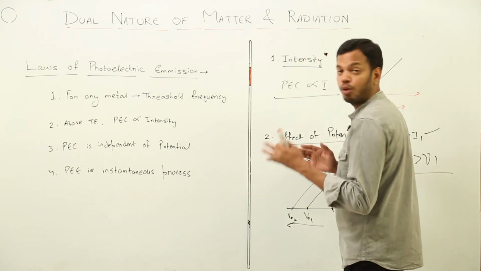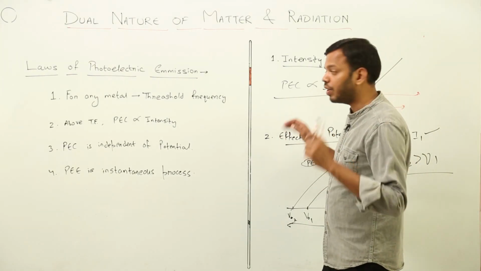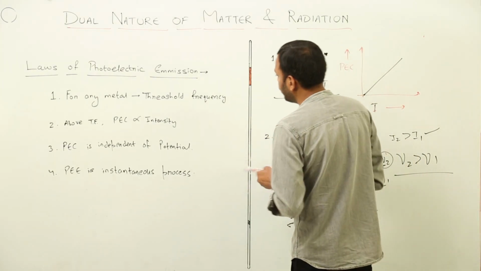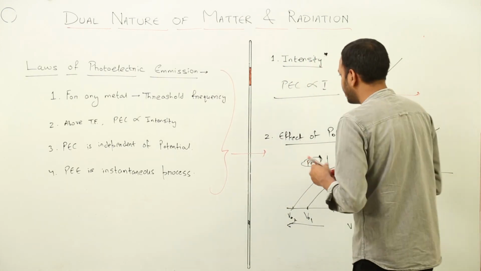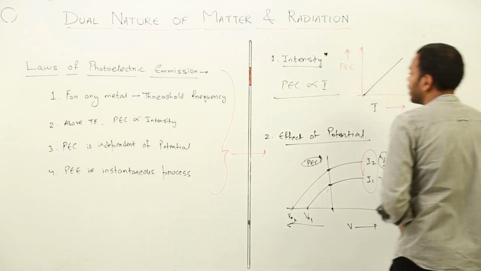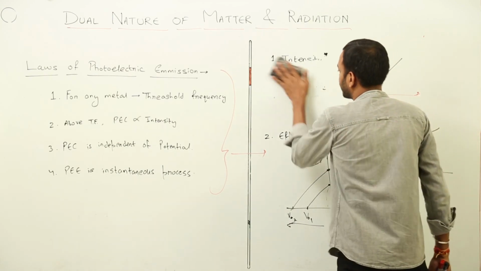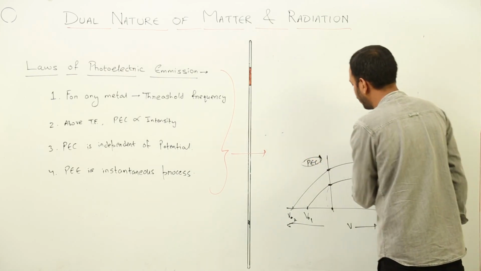Now, before I move on to further equations and graphs related to this topic, I would like to bring in another topic coming out of this, which is the failure of wave theory. So what is the failure of wave theory with respect to the photoelectric emission?